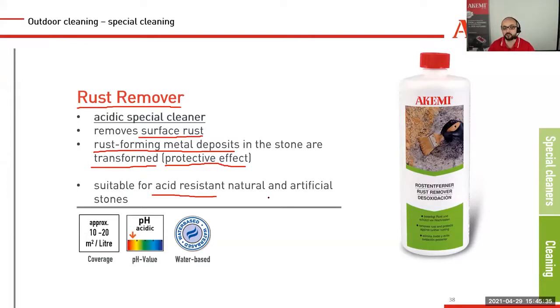If you're not sure whether your stone is acid-resistant or not, you can test it on a small spot, and when the product starts reacting with the stone surface so that you see some foam, you know this stone is not acid-resistant. That's really important. And we always recommend doing a sample area. In this case, you can see whether the product works on your stone.